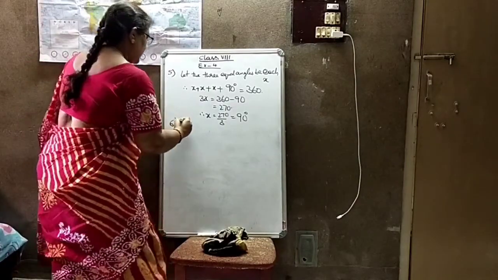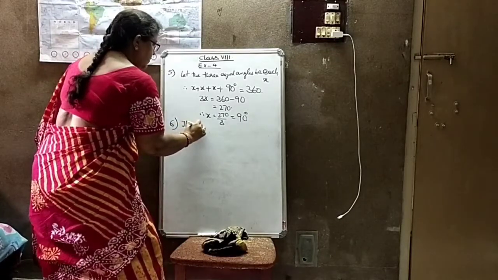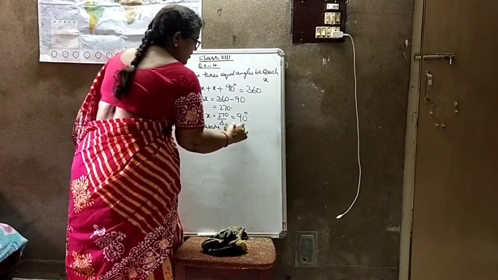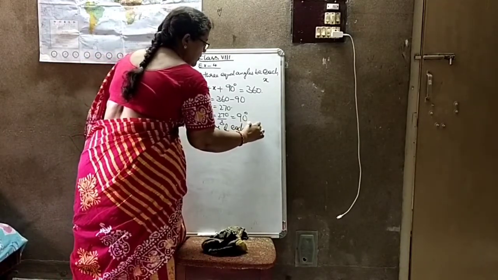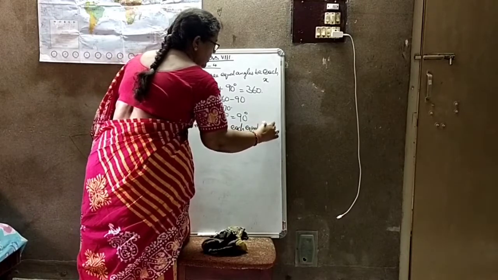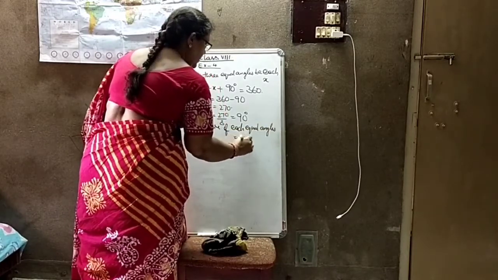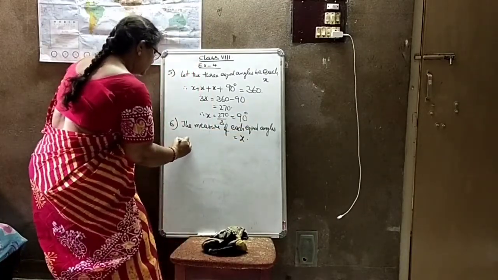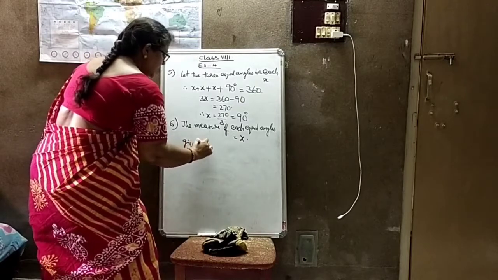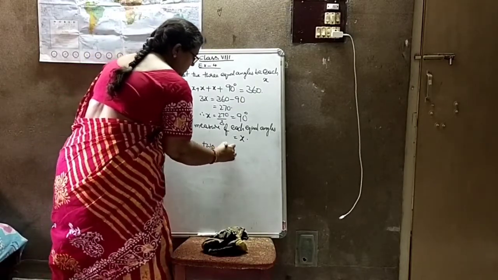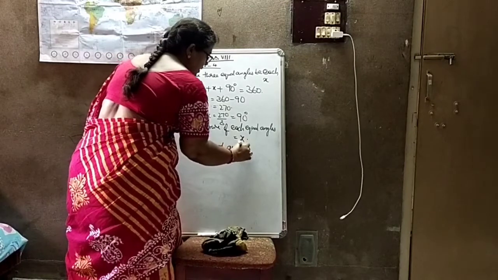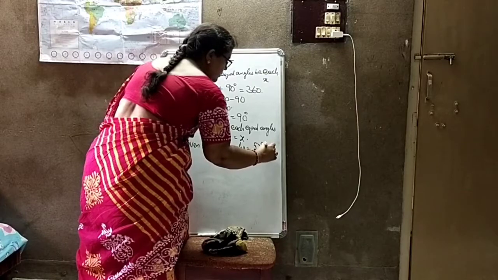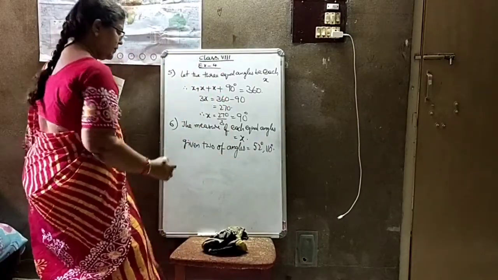The measure of each equal angle is x. Given two angles are 52 degrees and 110 degrees.